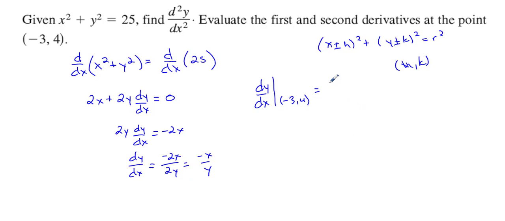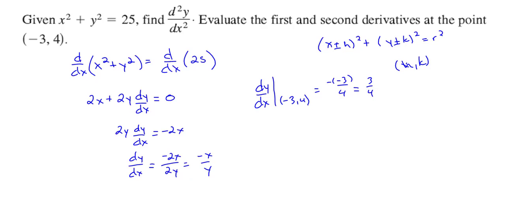So it'd be what? -(-3) over 4, which is just 3/4. All right, so that would be the slope of the tangent line at (-3, 4) right here. 3/4 is a positive slope, right?